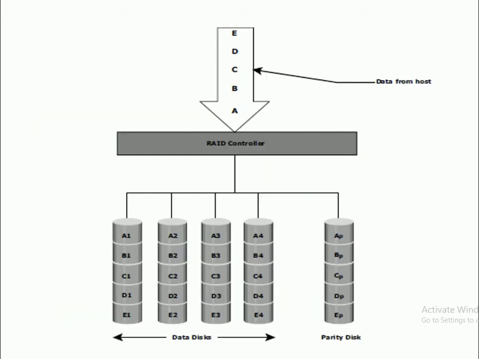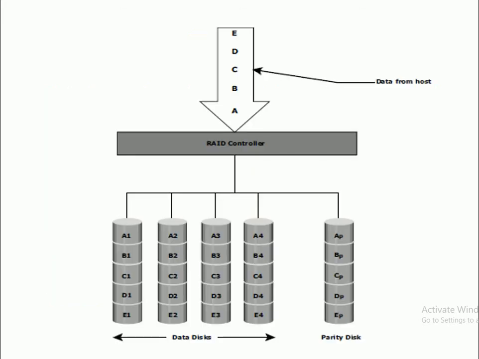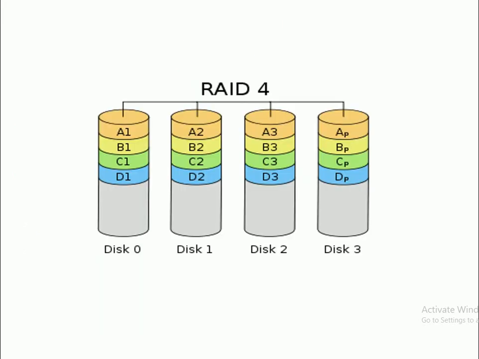Of course in RAID 3 the information is stored at bit level, so that will be the difference with the RAID 4 architecture. Here the data is stored at block level. So the architecture seems to be almost similar. RAID 4 is almost similar to RAID 3. All this data striping is done at block level, and the parity disk is also maintained separately.